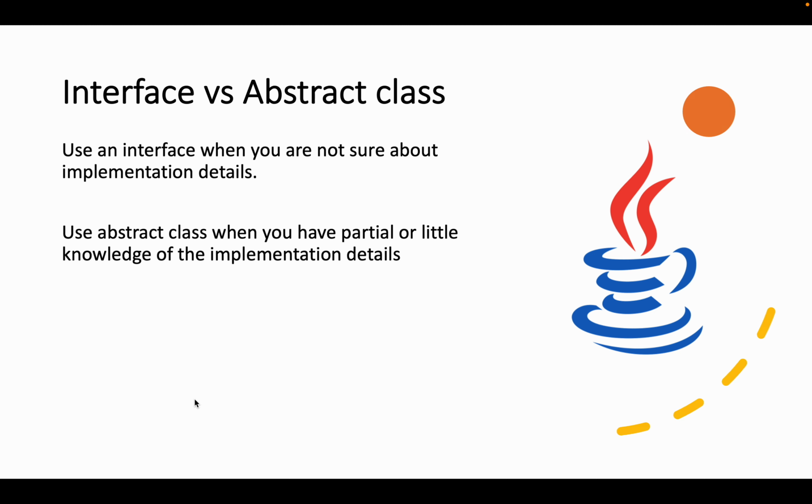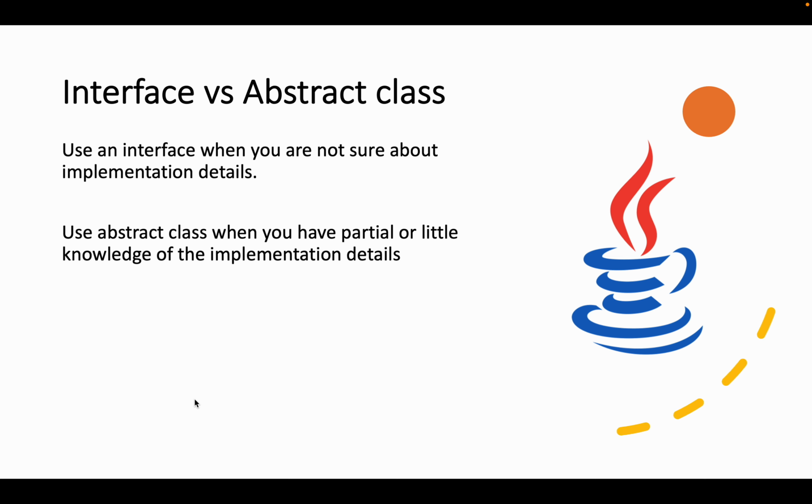Interface versus abstract class. So when to use the two, how can you differentiate between them? An interface, you use it when you are not sure about the implementation details.